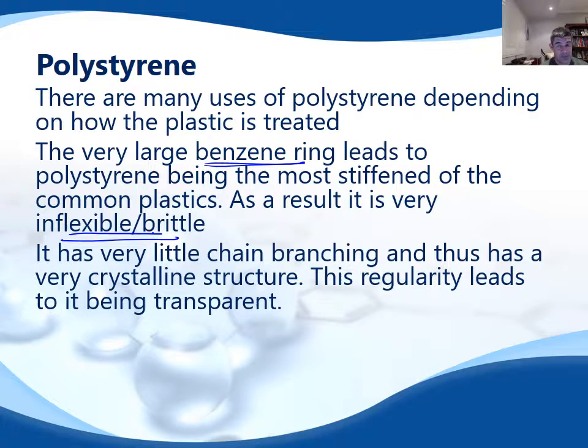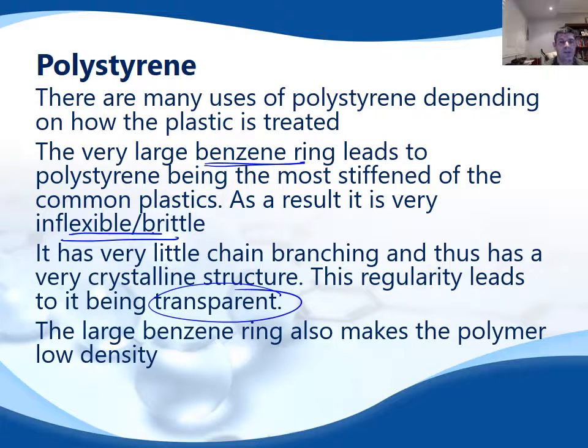They're not densely packed, of course, because those big benzene rings also limit the amount of dense packing that can occur as well. But the regularity of the structure actually leads to this property of transparency. And this is an interesting one because it is going to be a polymer with low density, transparency, and brittle nature.